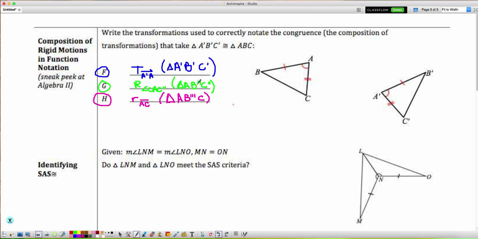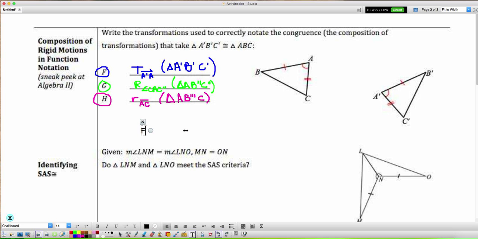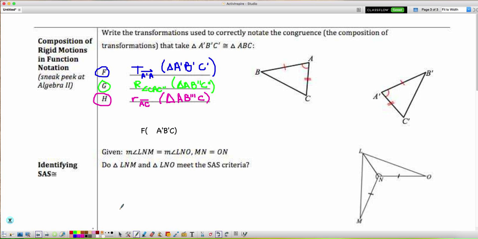So finally, if I'm bringing this all together, I can say that I have done the following. I have done function F, or my transformation F, to our triangle. Let me draw a triangle in there. I'll leave some space. A prime, B prime, C prime. So that was the initial image that I started with. I did the first transformation, so instead of writing all of this, I'm going to say I did F to this triangle. F is the translation.